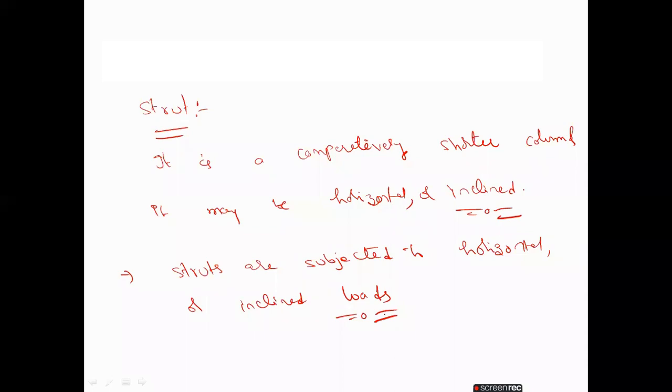We discussed the definitions of column and strut till now. Now coming to the types of columns. The next topic is types of columns. How many types of columns are there? We have to discuss here.